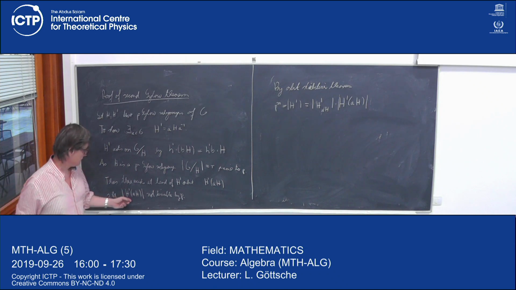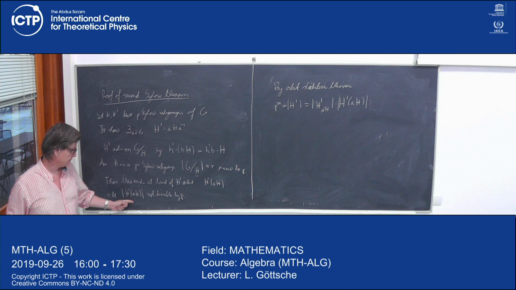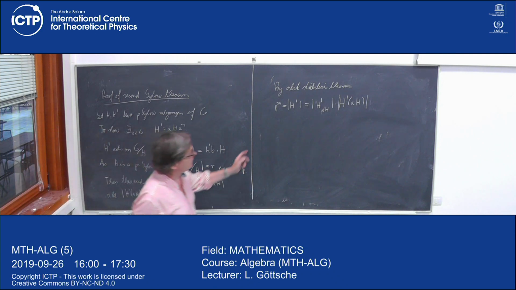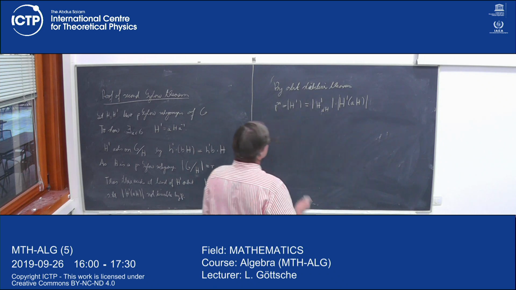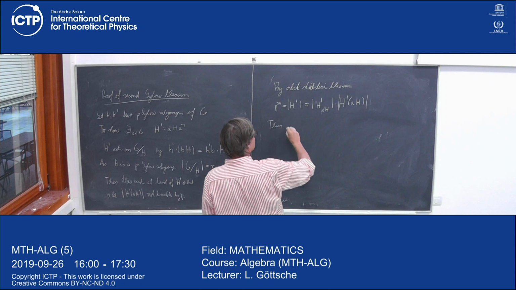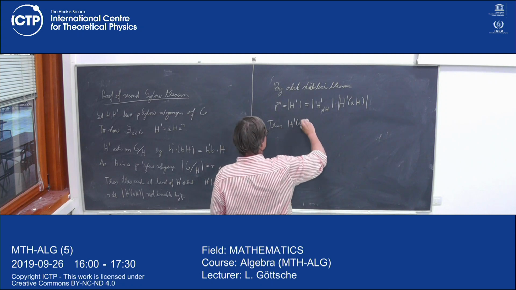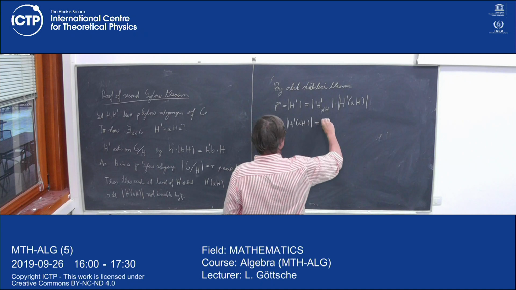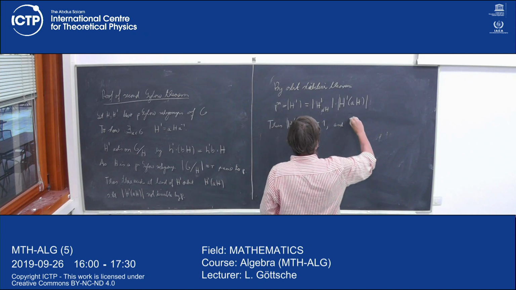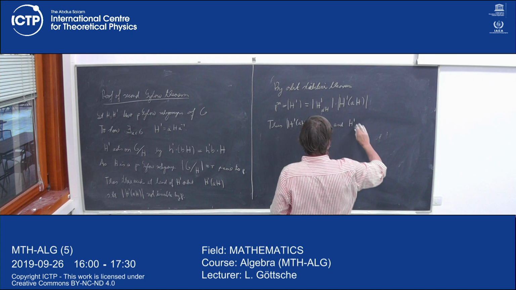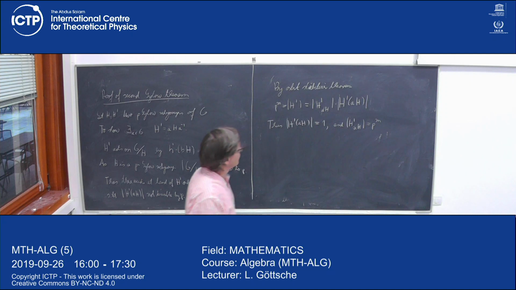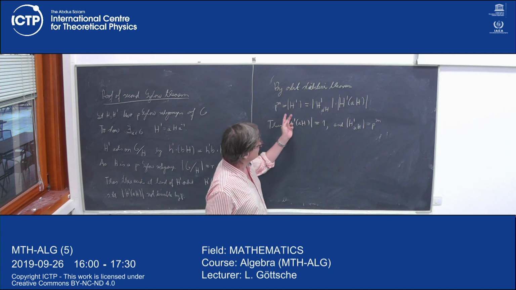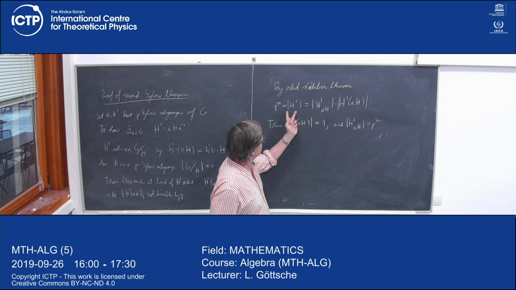So we know that this number is not divisible by P. On the other hand, it's a divisor of P to the M, so it follows that this number is 1. So that means that the whole of H prime stabilizes AH.